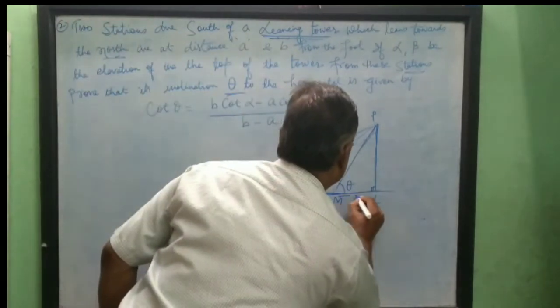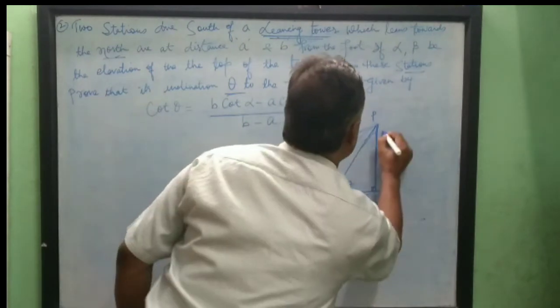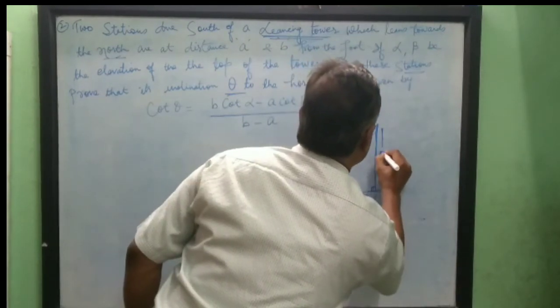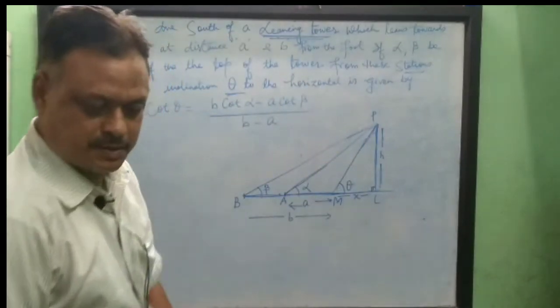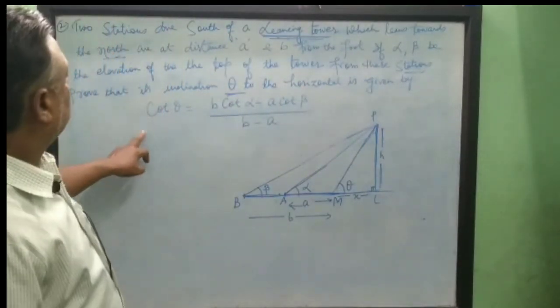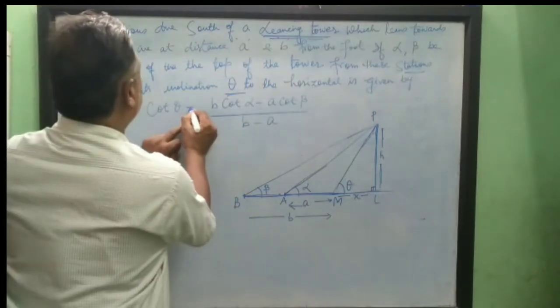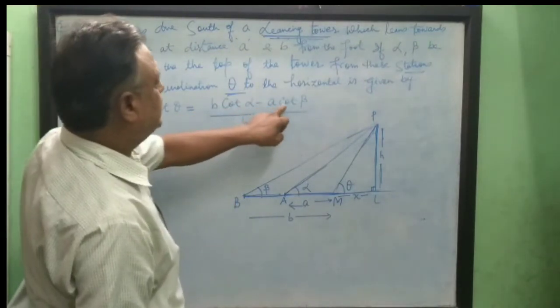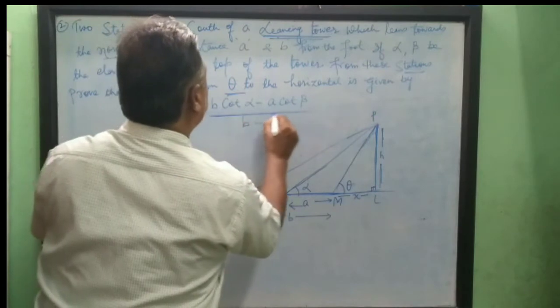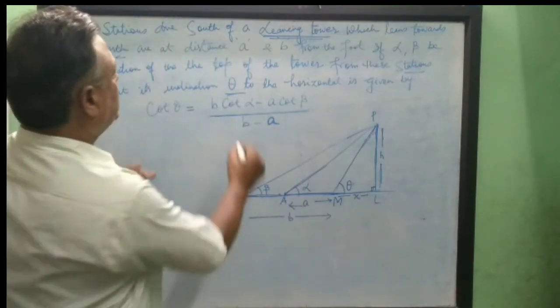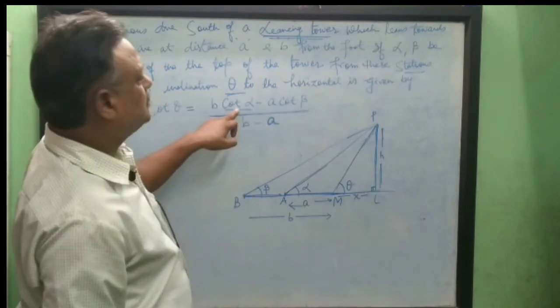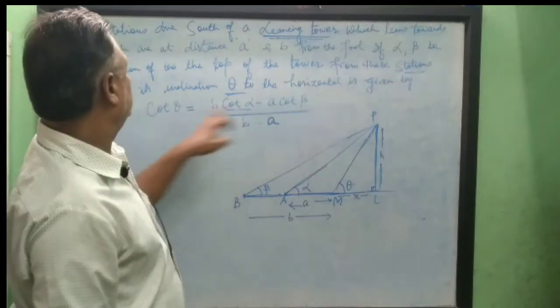Let this distance be x and height of the tower is h. Now we have to prove cot theta is equal to b cot alpha minus a cot beta divided by b minus a. So very easy. At first you find out cot alpha, cot beta and cot theta.